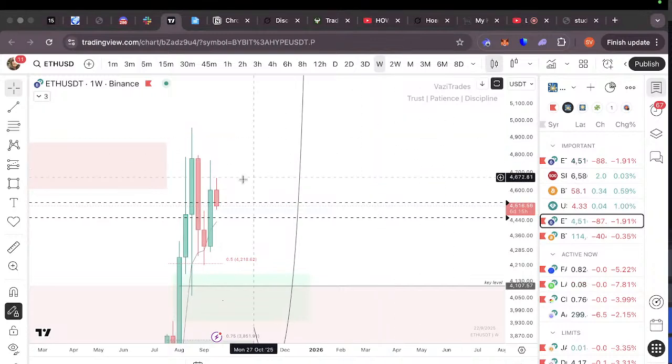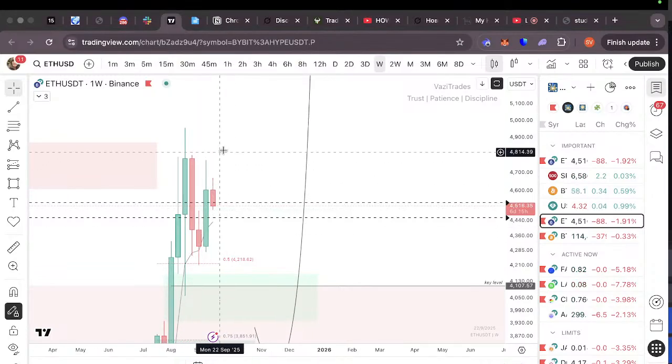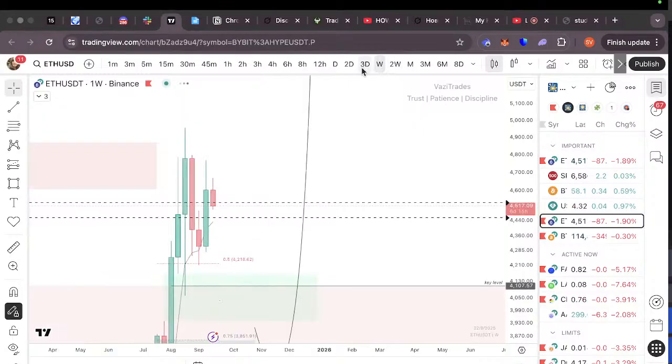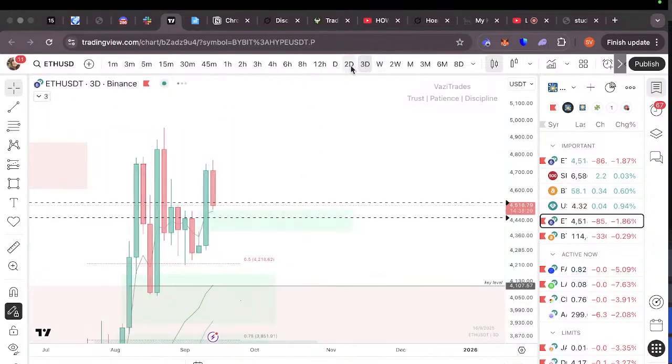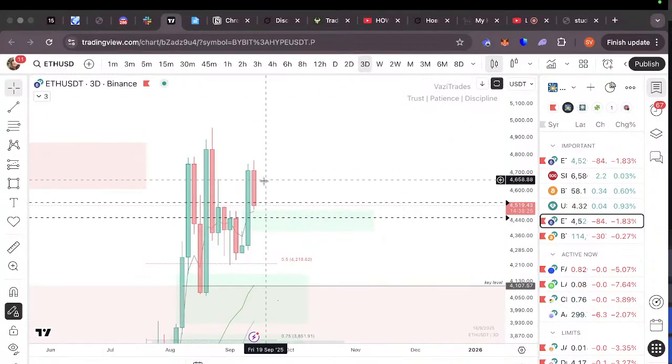And if we go to weekly, this candle was pretty strong last week. Monthly, okay, monthly doesn't give me anything, but according to weekly, there are still chances that the price could give another pump higher. But 3D for me right now 50-50.